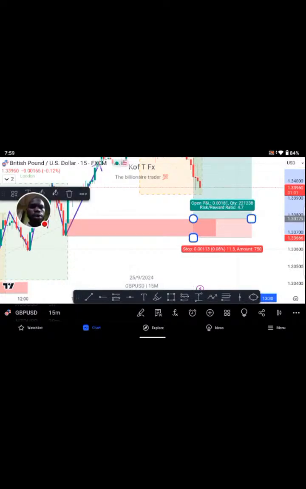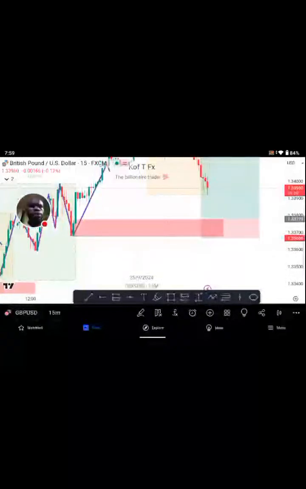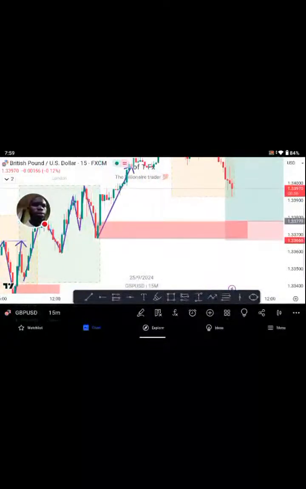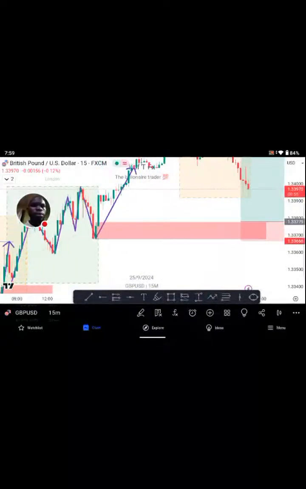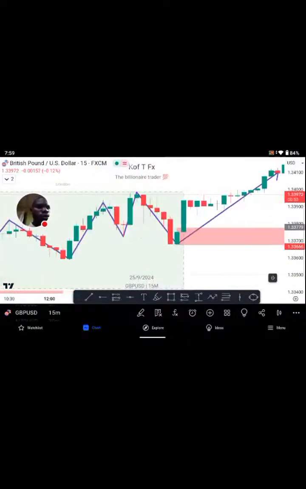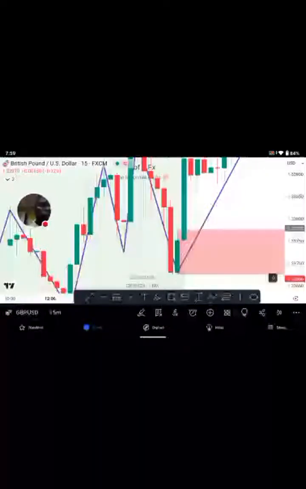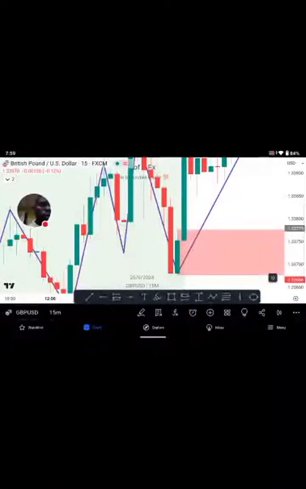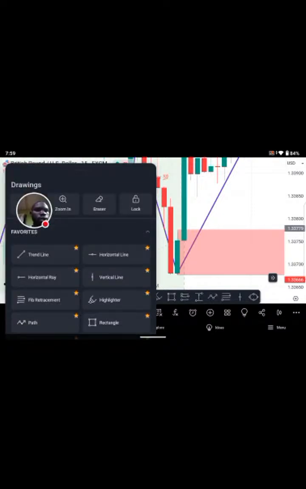Another thing I'm going to look out for is to see if the green candle, so let's see if there is, then my entry starts from that double average.